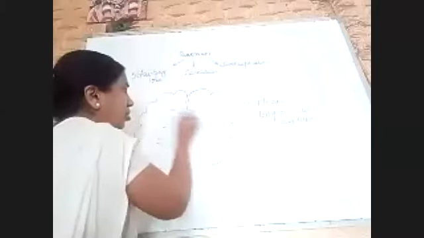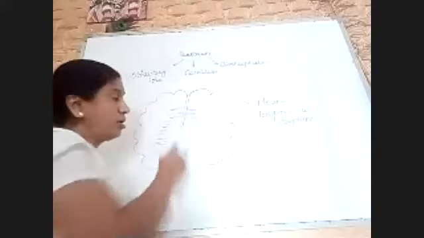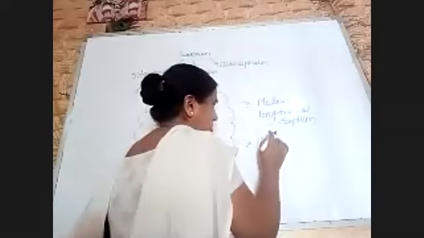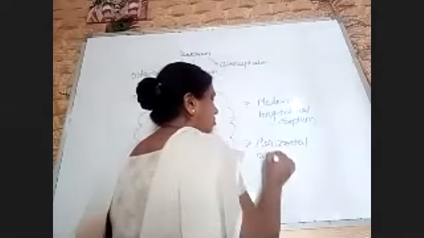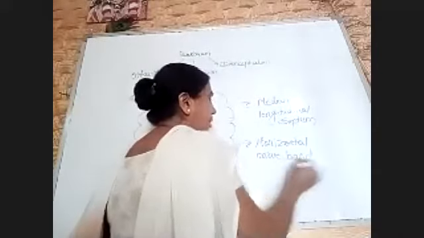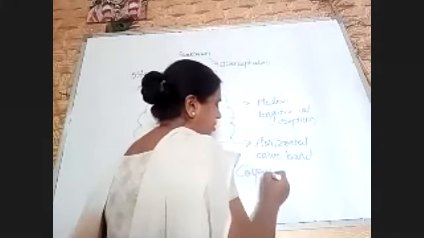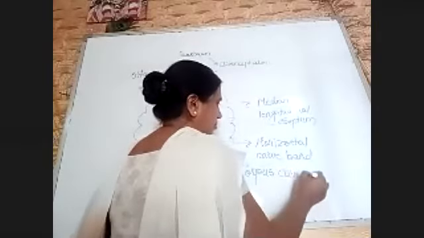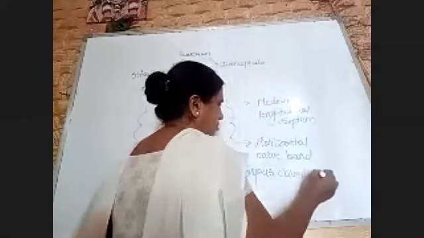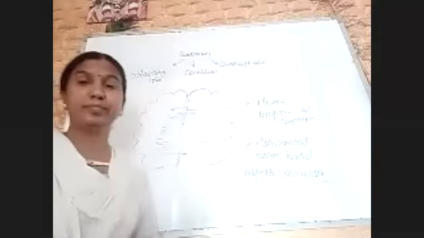Here, a horizontal band is there. Okay? So the horizontal nerve band is there. This is the horizontal nerve band, which is called the corpus callosum.